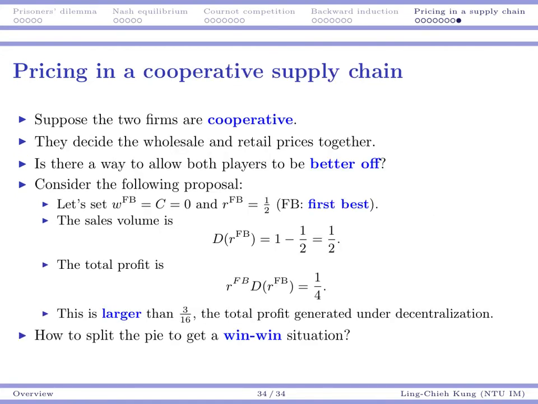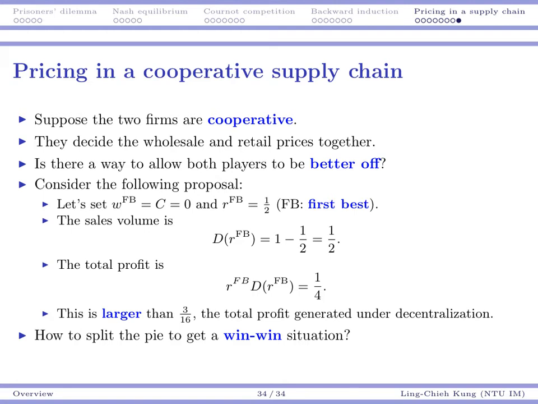The last thing is to compare the equilibrium outcome with a cooperative supply chain or integrated supply chain. Suppose the two companies can integrate or collaborate to set the price. Let's see what they should do. There is at least one proposal that can make them better.